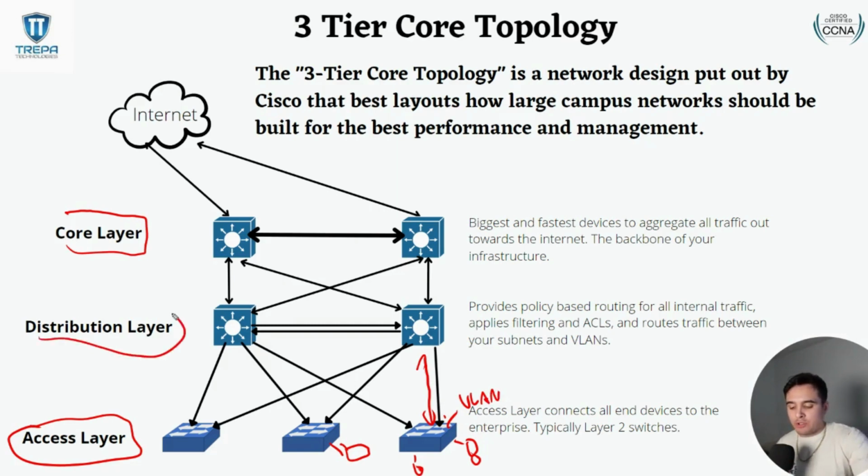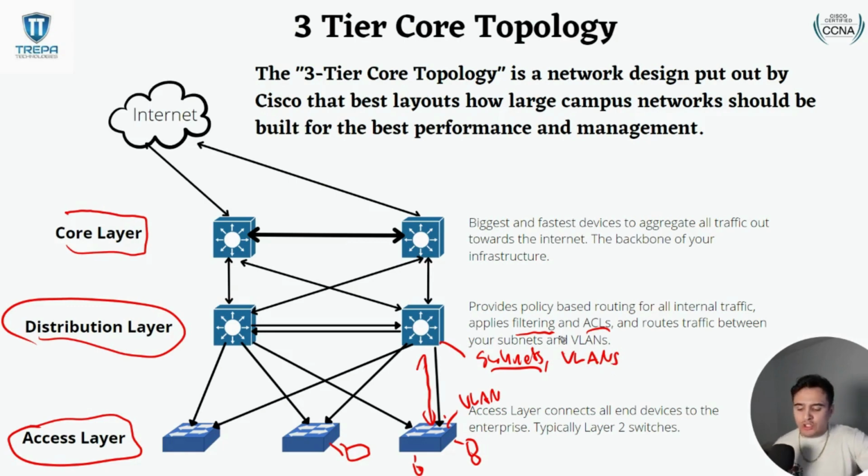And then your distribution layer. This is going to be the layer that provides all the routing policy for your internal traffic. So all traffic that's going to be used for your end users and your endpoints to access local network resources or enterprise resources. They're also going to be applying filtering and ACLs. And the distribution layer is where you're going to have all your subnets for all your VLANs.